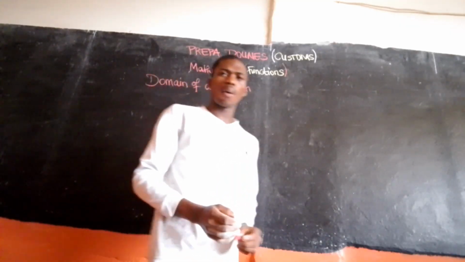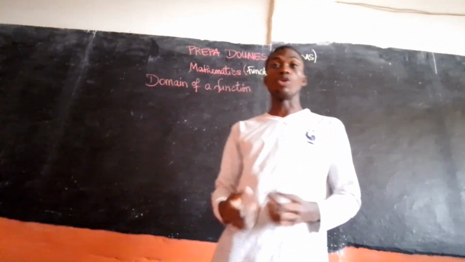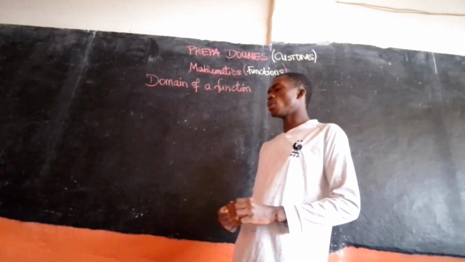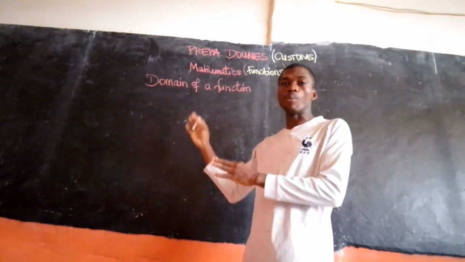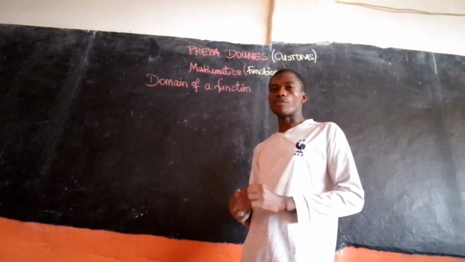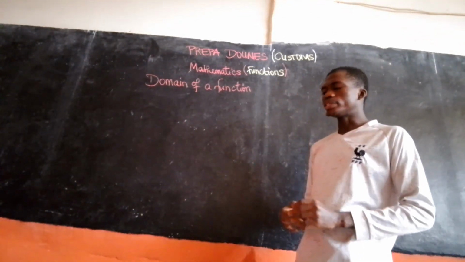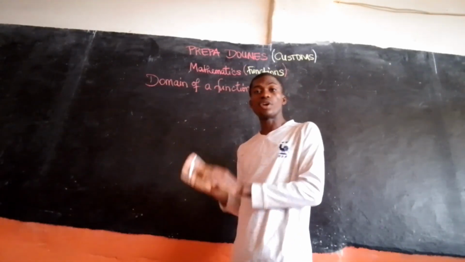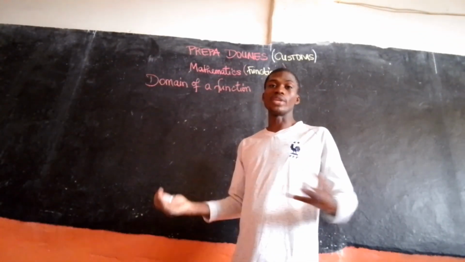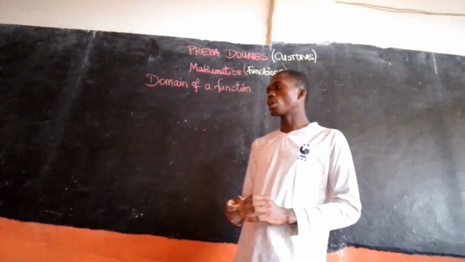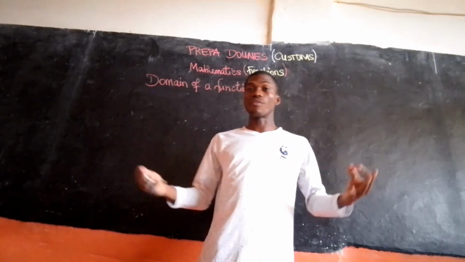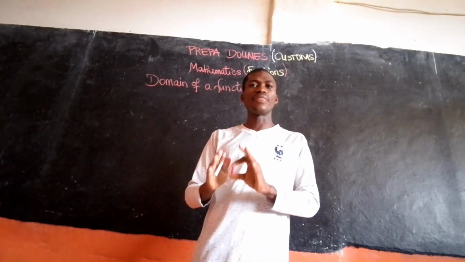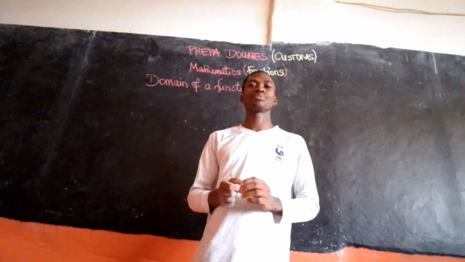To begin with, I would like you to know something. The domain of a function. We are about to treat the subtopic, the domain of a function. This is to the effect that each function has a domain of definition. The domain of definition of a function are the values that the function can take.